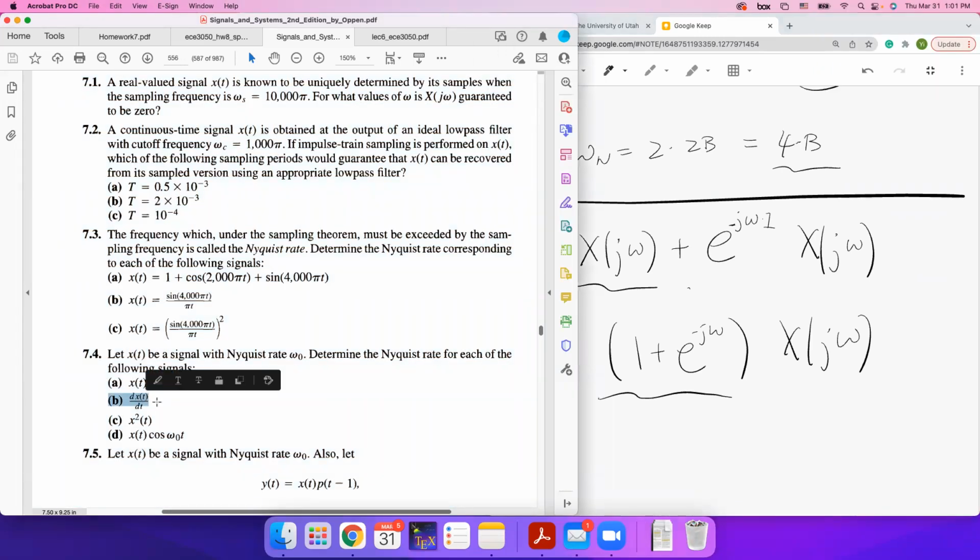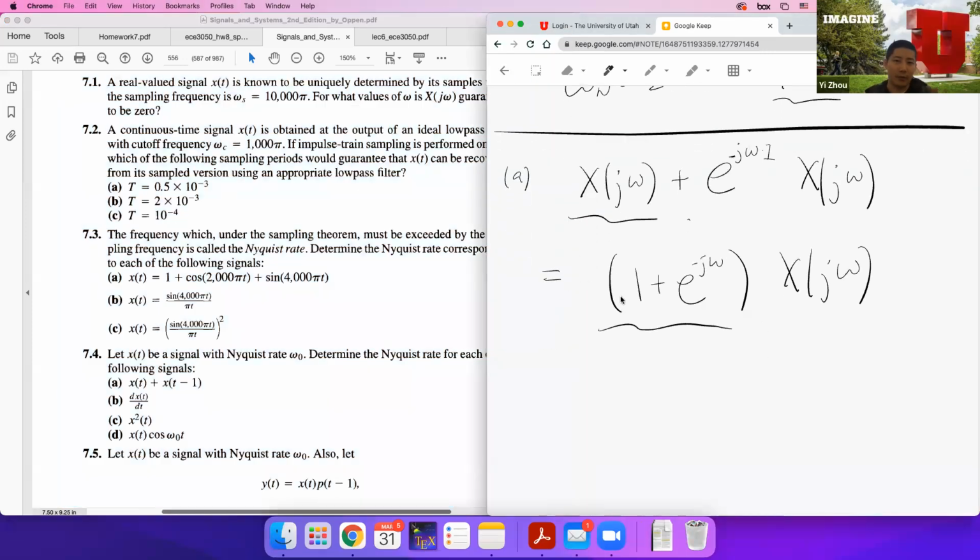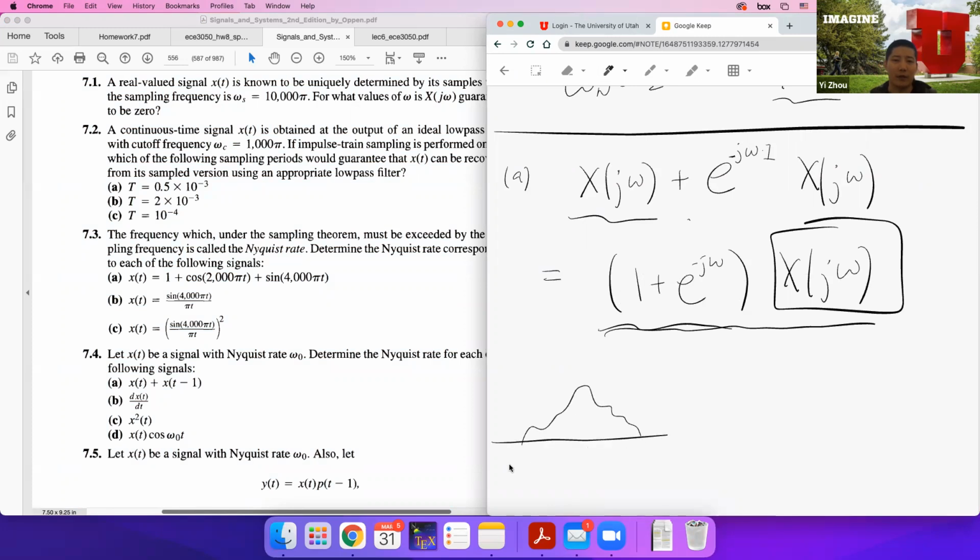How do you know the bandwidth will remain the same? Well, this is the resulting spectrum, right? It's the original spectrum multiplied by a fixed complex number. So if the original spectrum looks like this, the resulting spectrum will be this spectrum scaled by another function, but it will not affect the bandwidth.